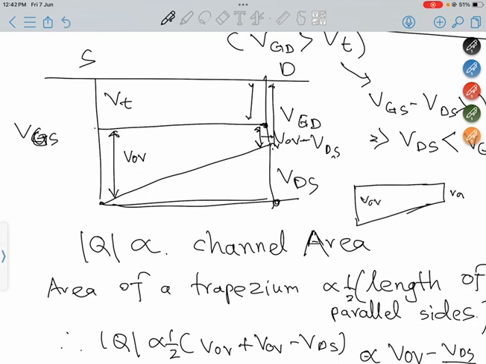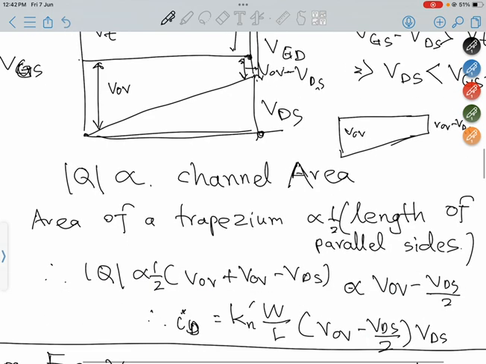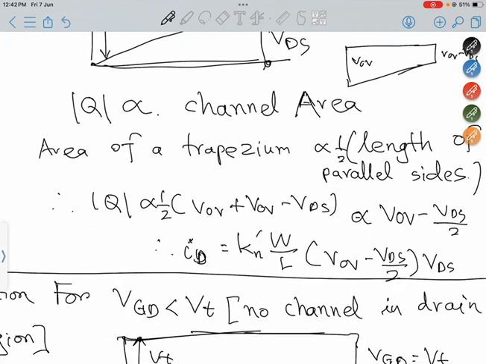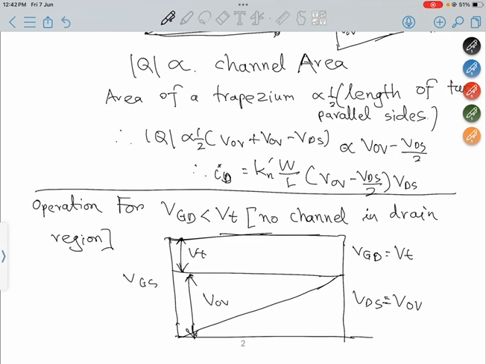The area of a trapezium is proportional to half the sum of the parallel sides. So the sum of parallel sides equals overdrive plus overdrive minus VDS, or Q is proportional to overdrive minus VDS by 2. So ID equals Kn dash W by L, overdrive minus VDS by 2, into VDS. This is the second zone.